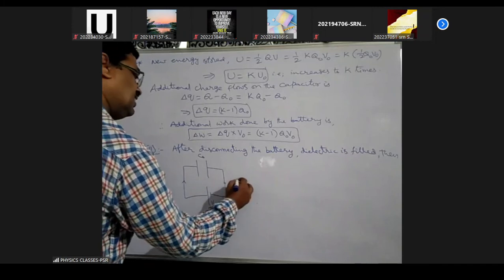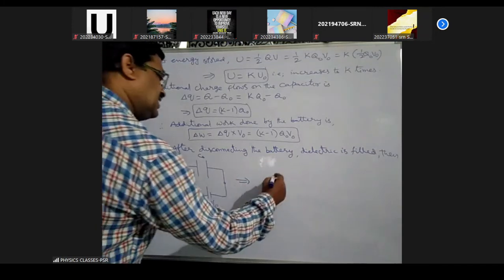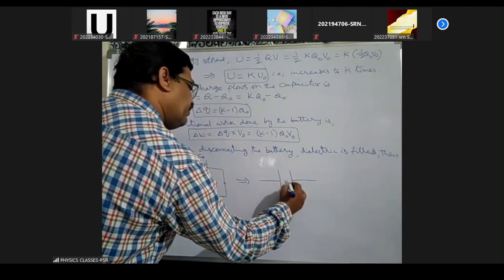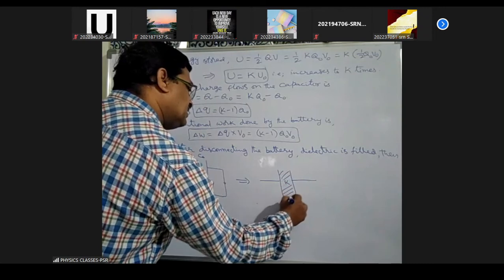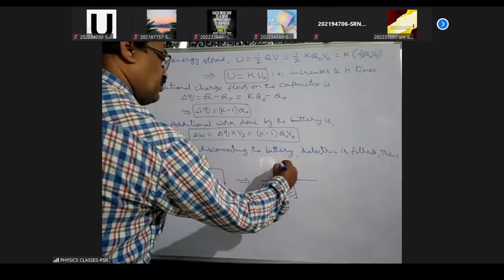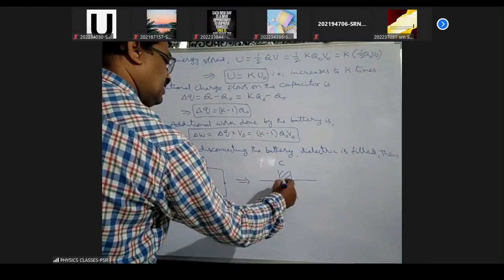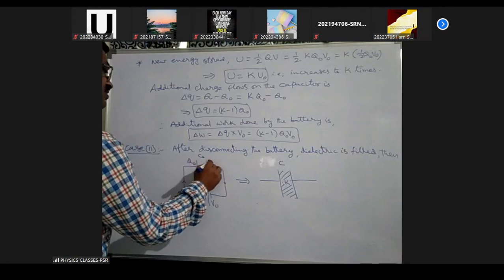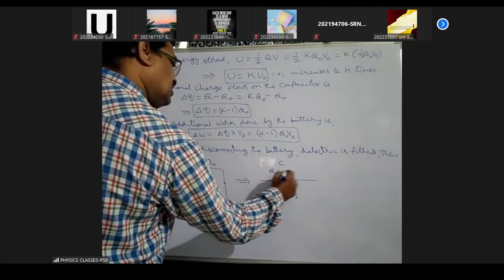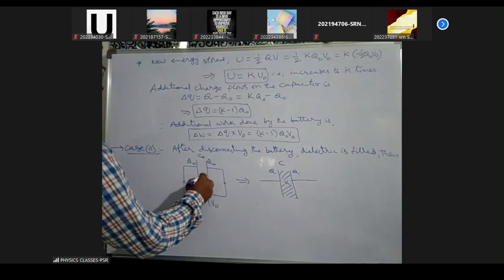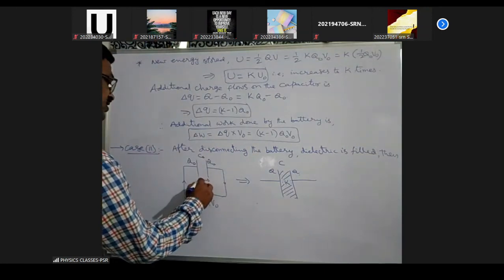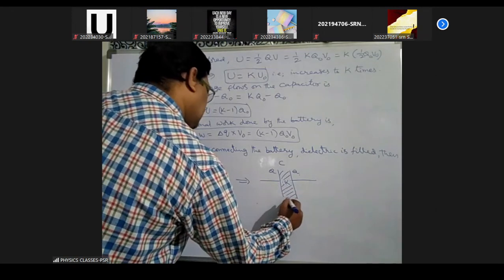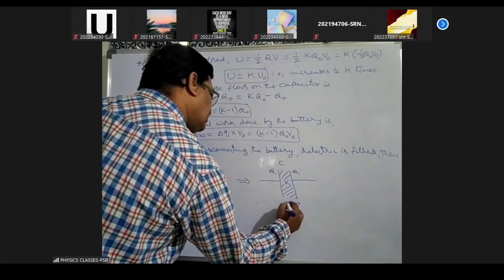So charge flows in this direction now. Battery is disconnected and the space between them is filled with a dielectric like this. Now the capacity is C. Charge on this is Q0, charge on this is Q. Here potential difference between them is V0, and here it is V.